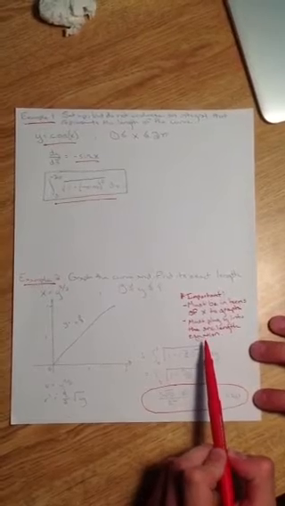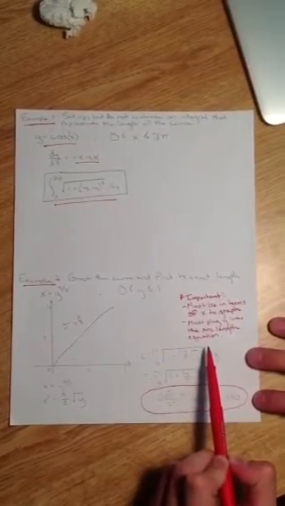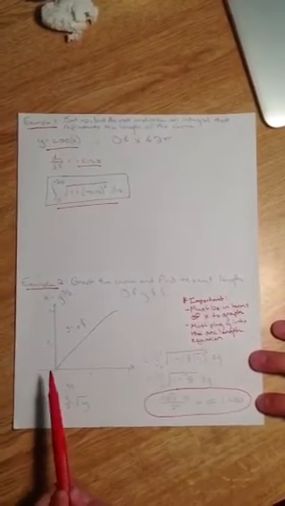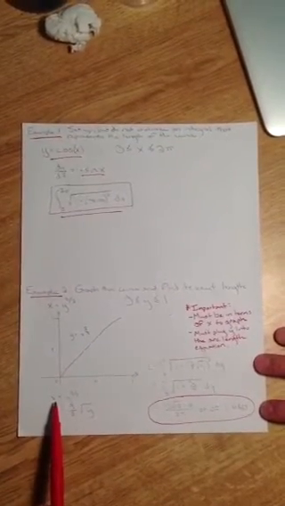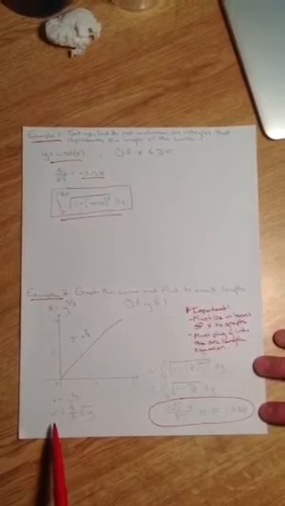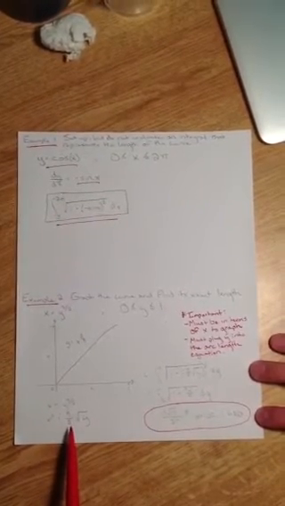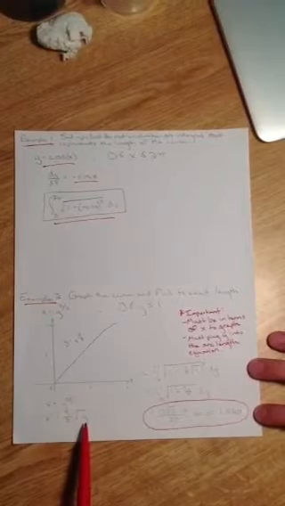Also, you must plug y into the arc length equation, which means you're finding the derivative of x, not the derivative of y. So, the derivative of x in terms of y is 3 over 2 times the square root of y.